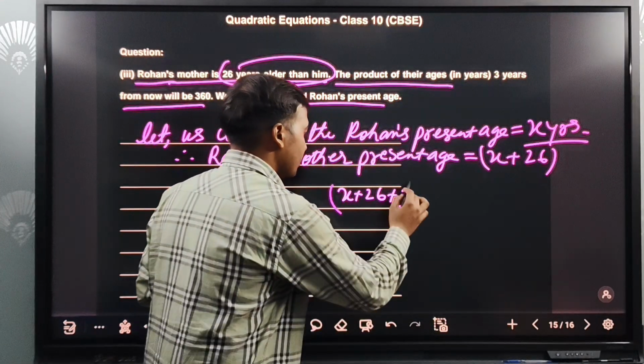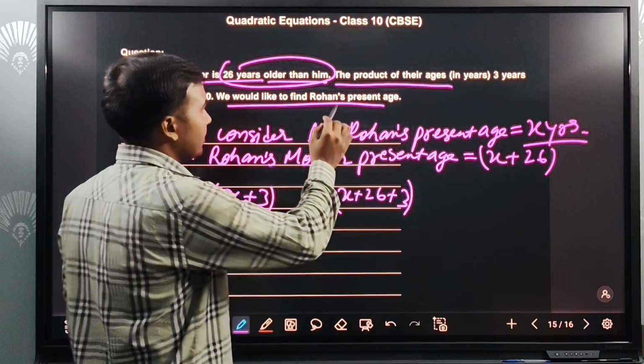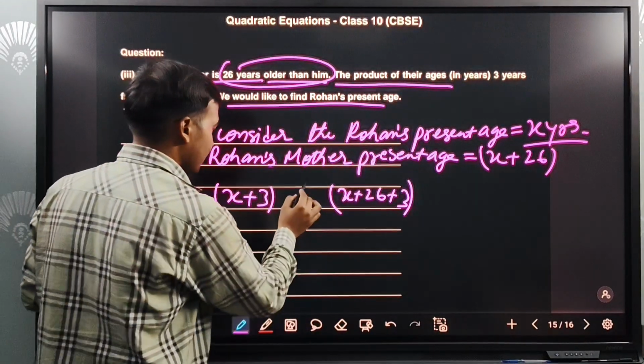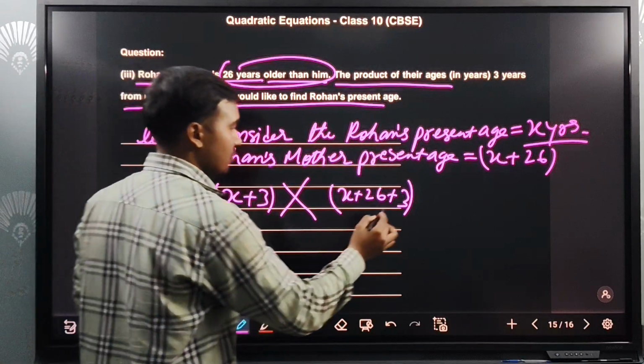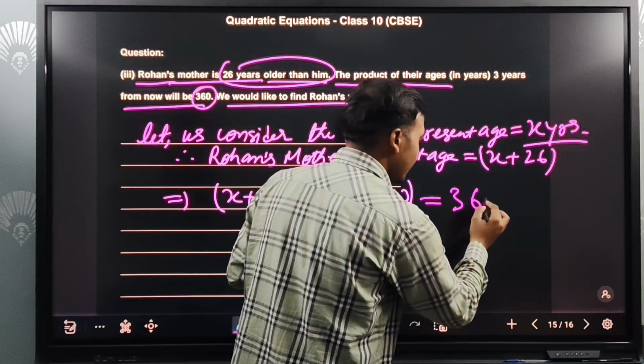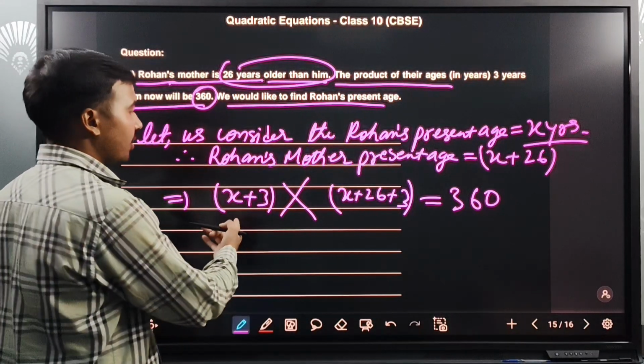The product of these two ages, if we multiply them, will be 360. So it will be equated to 360. In this way we will make the equation.